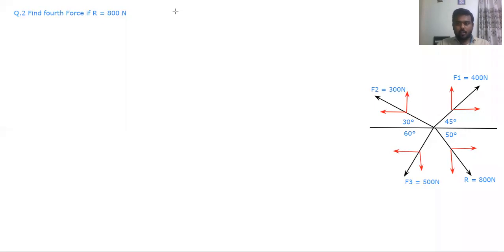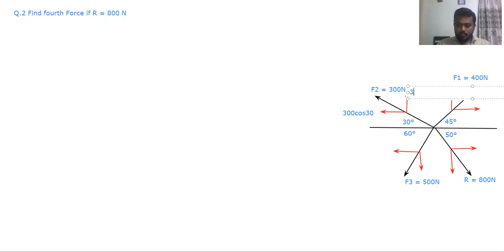Now here, if you want, you can write the text: this horizontal component, this one. Which component will come here? 300 cos 30, correct? 300 cos 30.